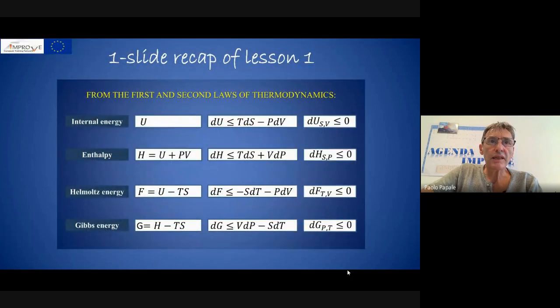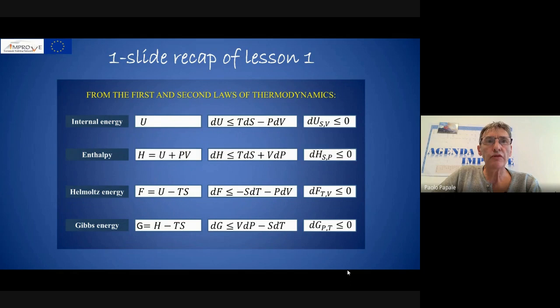We started Lesson 1 by introducing the concept of equilibrium, which requires the equality of three potentials relating to thermal, mechanical, and chemical equilibrium, and represented by temperature, pressure, and the chemical potential of the components in the mixture.